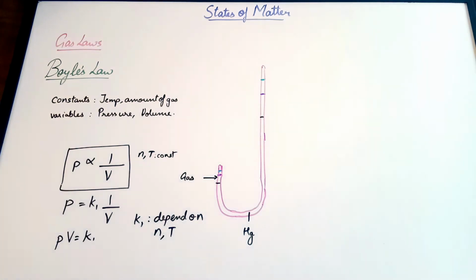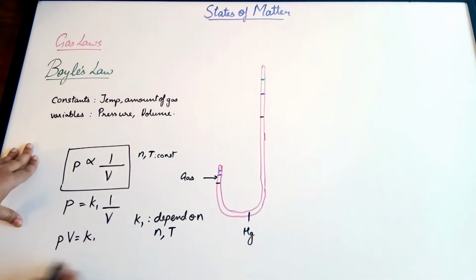So at a constant temperature, the product of P and V of a fixed amount of gas would be a constant. This is basically a way we are putting this equation into words.